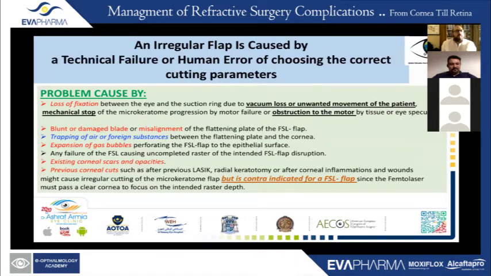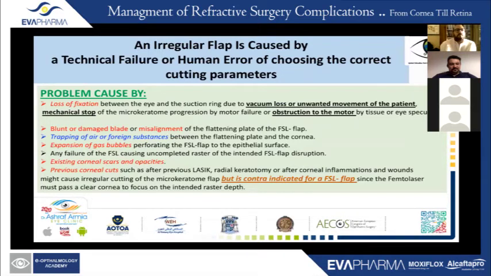First, I'm going to talk about the irregular flap. Any irregular flap is caused either by technical failure or human error in choosing the correct cutting parameters. The problem may be caused by loss of fixation between the eye and the suction ring due to vacuum loss or unwanted movement of the patient.